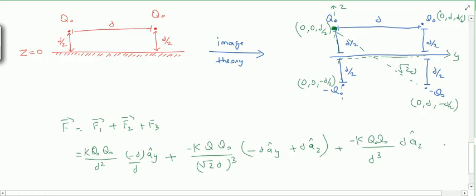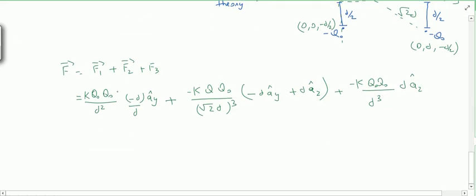Now let us simplify this. You can take k q naught square common from all these terms, and in all the cases d cube is also common, but here this d gets cancelled with this d, and here also I can take d common and cancel one d. Here also the same thing, so I can take common k q naught square divided by d square, and the remaining thing here will be minus ay cap.